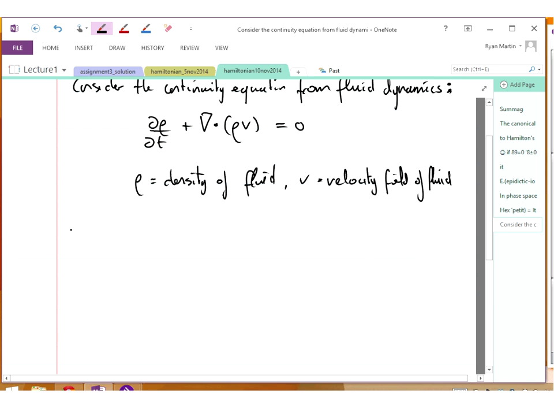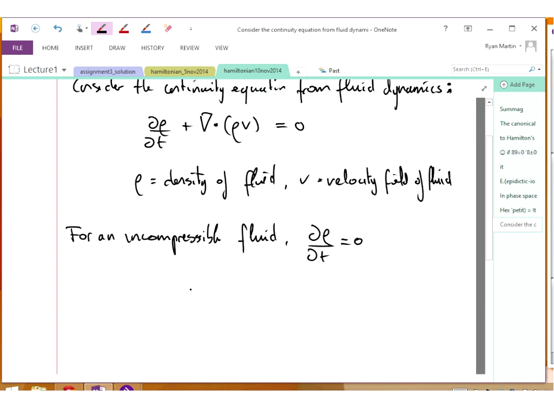Now, in particular, for an incompressible fluid, the density of the fluid doesn't change with time. So ∂ρ/∂t equals 0. Okay?